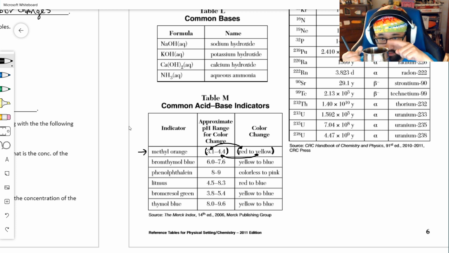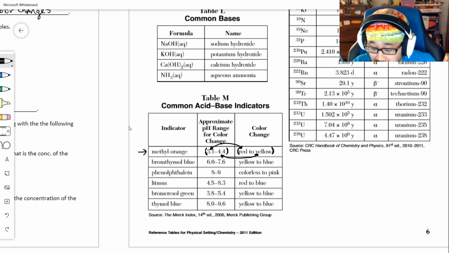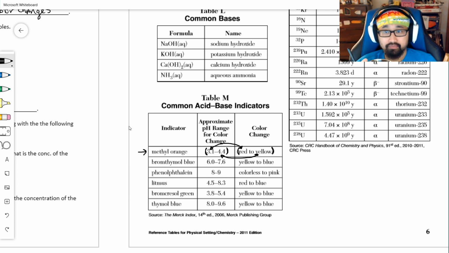So if my acid in here has a pH of 2 and I drop methyl orange in and I look, it's still going to be red. If I had a pH of 1, drop methyl orange in, it's still going to be red. If I had a pH of 6 and I drop methyl orange in, it would be yellow. If I had a pH of 11, I drop methyl orange in, it'd be yellow.